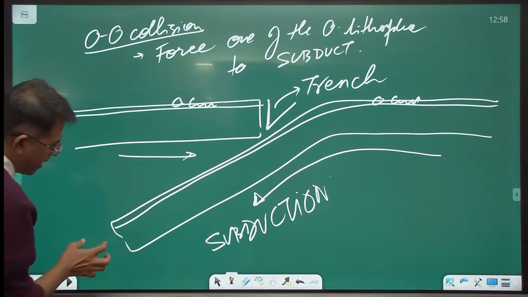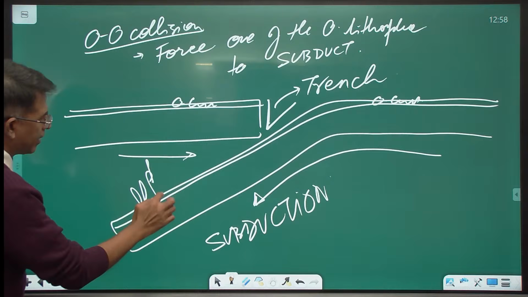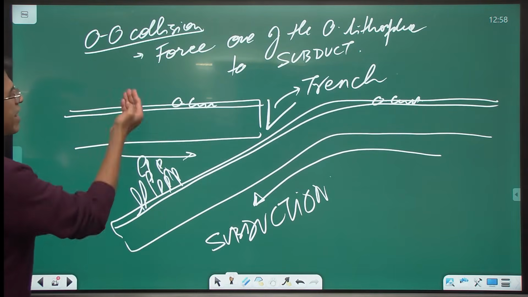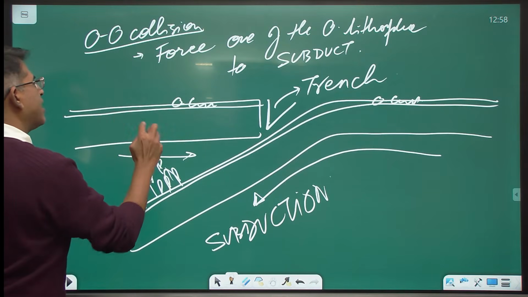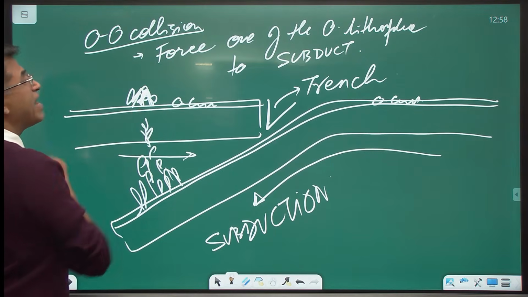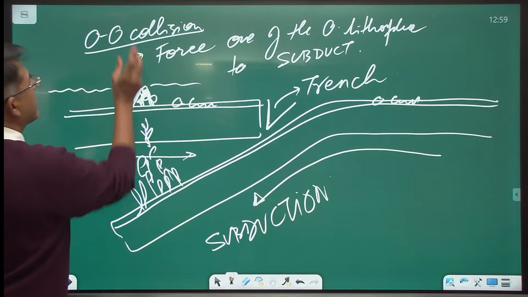The slab goes inside, the slab will melt. It's hot inside. ये melt करेगा. Molten lava will rise up, puncture the crust here, come out and accumulate as volcanic islands. ये ऊपर water है, it'll rise up.